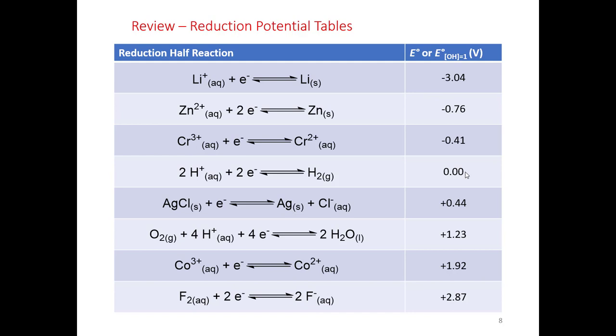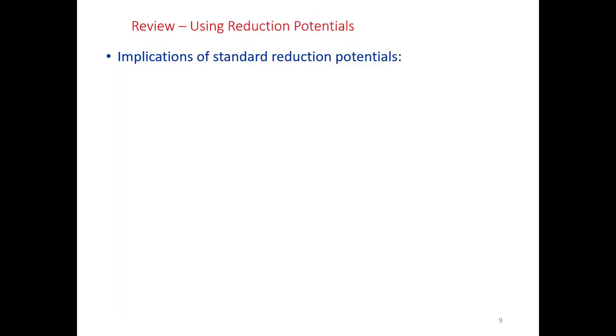And because the conditions under which this reduction occurs is pH 0, that defines all other standard reduction potentials, such as 1 mole per decimeter cubed for all reactants in solution, etc. So it's because this is used as a reference and because this was done at pH 0, that's what defines all standard reduction potentials. There are several important implications of reduction potentials that will be important for this course.